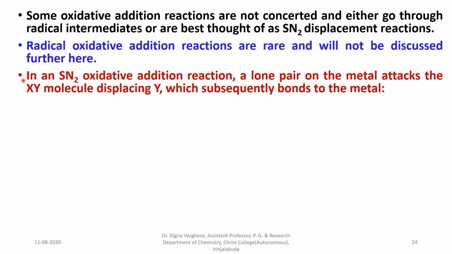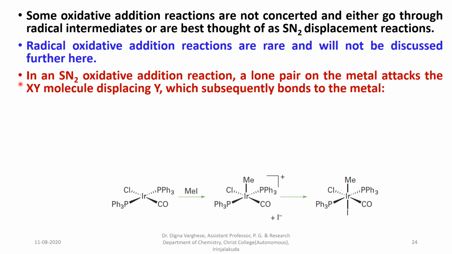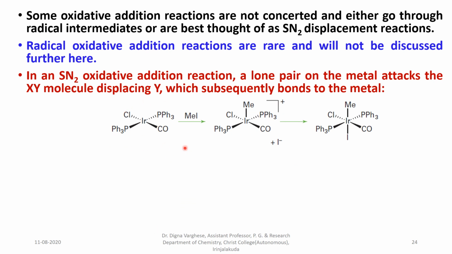In an SN2 oxidative addition reaction, a lone pair on the metal attacks the XY molecule, displacing Y, which subsequently bonds to the metal. Here, methyl iodide undergoes oxidative addition with the iridium complex, forming an SN2 oxidative addition product, where a lone pair on the metal attacks.